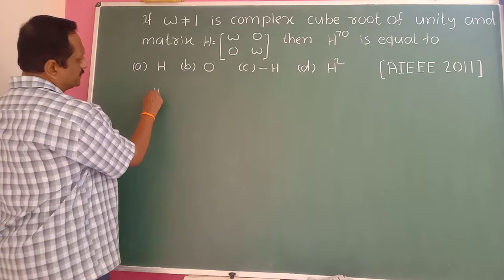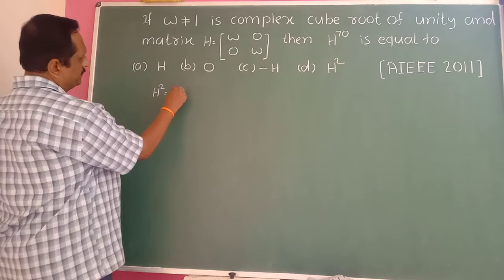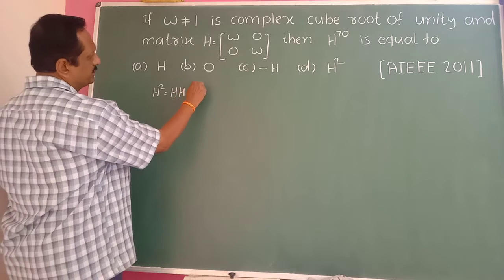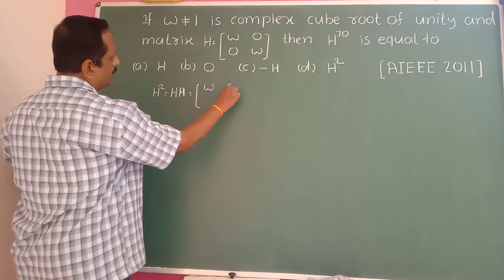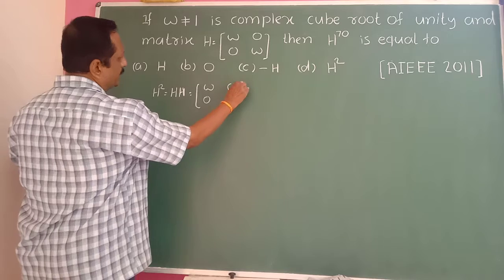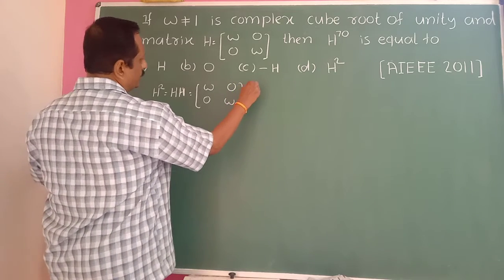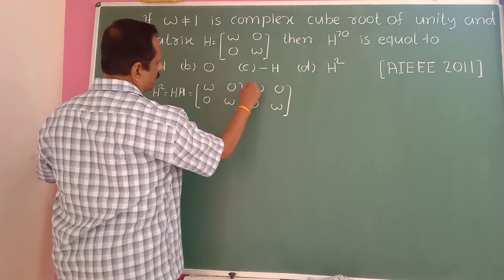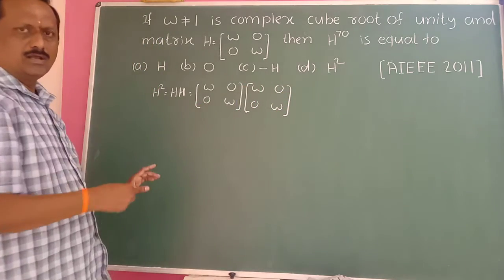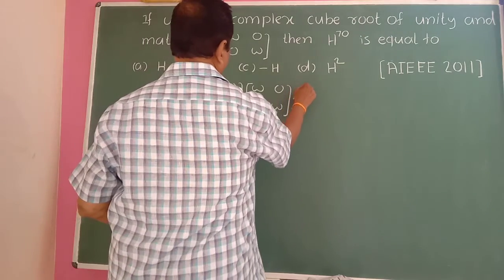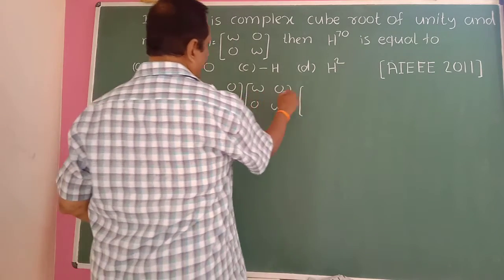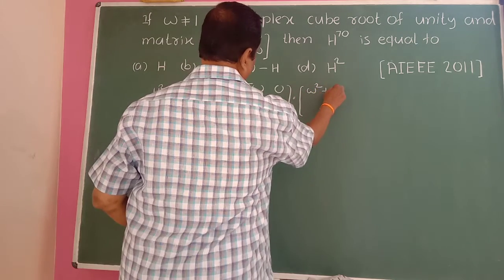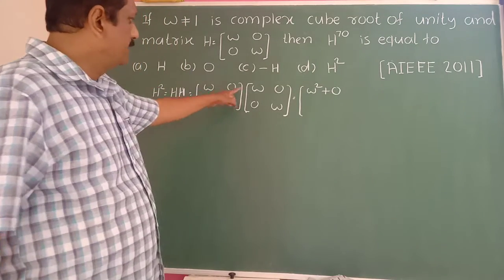Then what happens to H square here? H square is H into H. Therefore this is equal to omega 0 0 omega into omega 0 0 omega, and multiply row with the column here. Omega into omega becomes omega square. 0 into 0 becomes 0, plus 0. Then multiply row with the column.